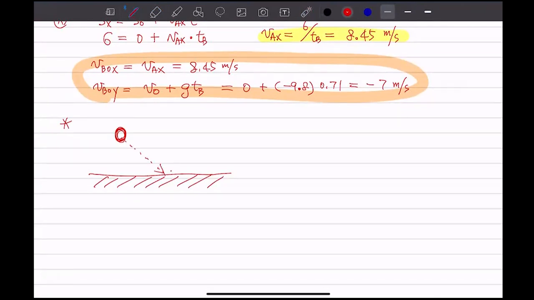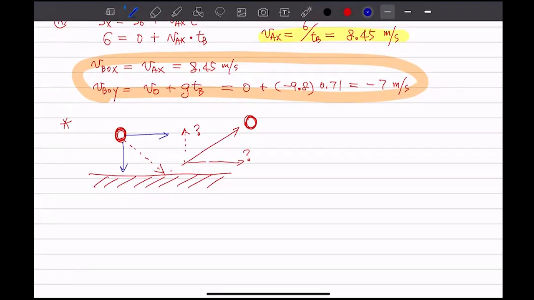And after it bounces back, probably it's going to move like this. So we would like to find what are these components. And actually, we know the horizontal and vertical component of velocity.